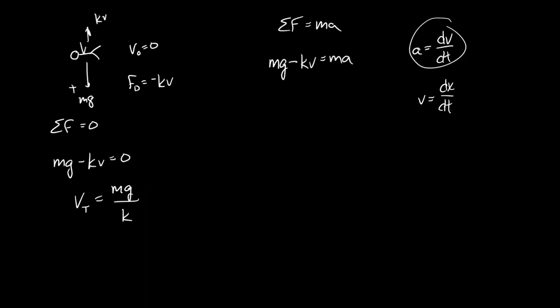So you're going to sub in for the acceleration dv dt. That makes everything in terms of velocity. If you subbed in for the velocity dx dt, you just replace one variable for another variable, but you still have acceleration and now position. That doesn't make it easier. So you want everything to be in terms of one variable. mg minus kv equals m dv dt.